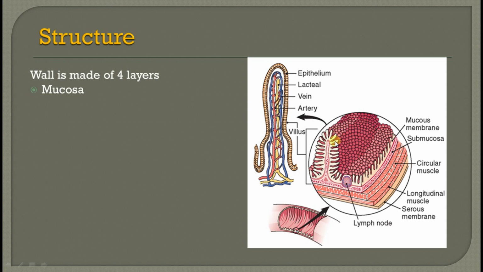Then external to the mucosa, what you see is the submucosa. The mucosal epithelial cells rest on a membrane called the lamina propria.